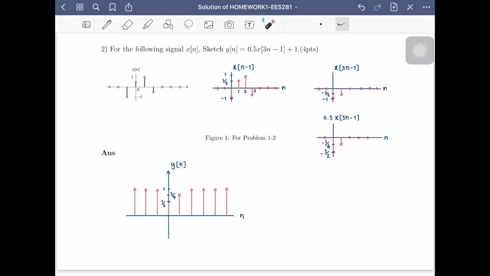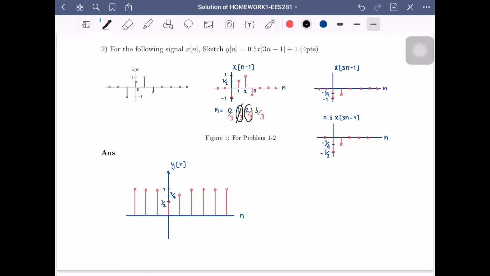The next step, we find x[3n minus 1]. So we have to divide by 3, like this, n equal to 0, 1, 2, and 3. There is some information where n is a ratio number, like 1 over 3 and 2 over 3.